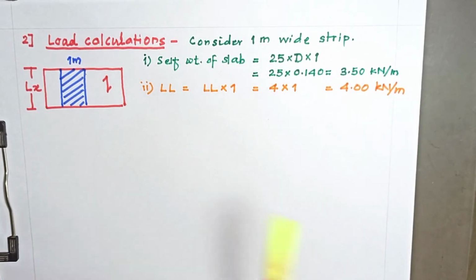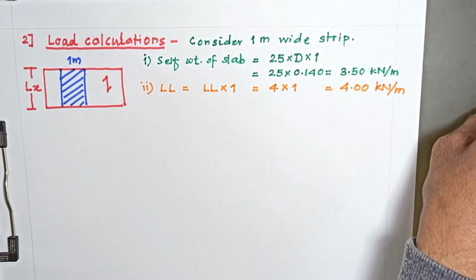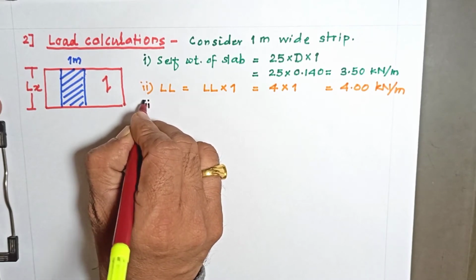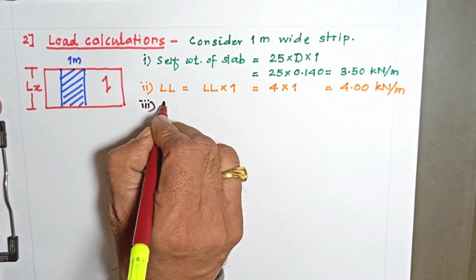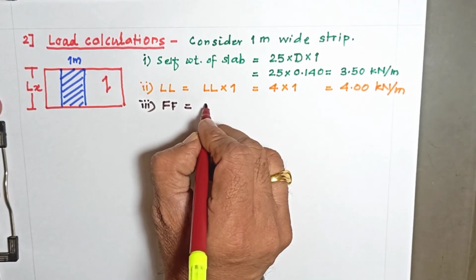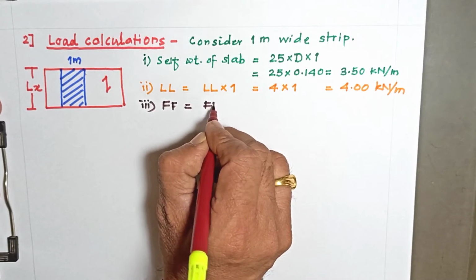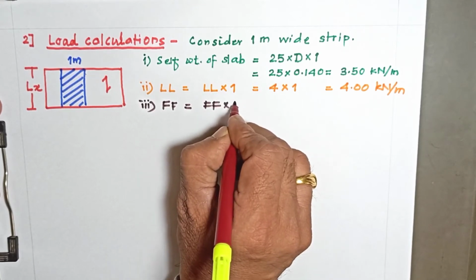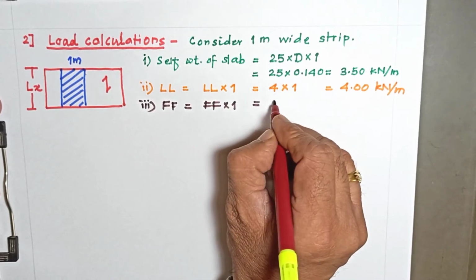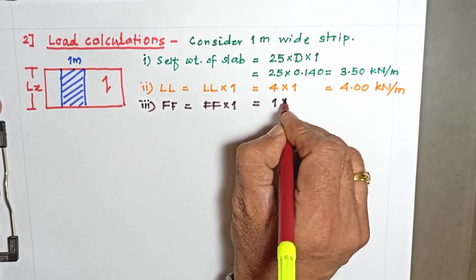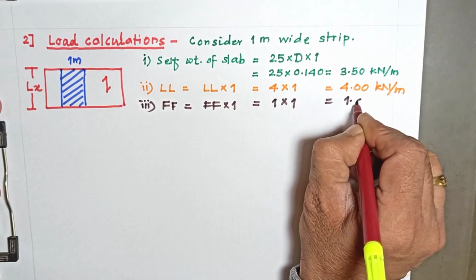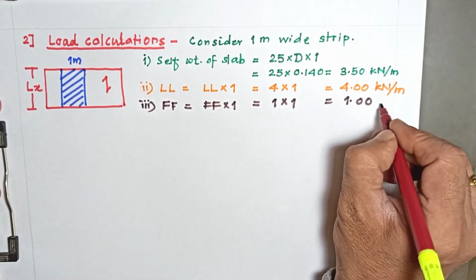Now third one is weight of floor finish. That is also intensity of self weight given multiplied by 1. It is 1 kilonewton per meter square multiplied by 1 is equal to 1 kilonewton per meter.